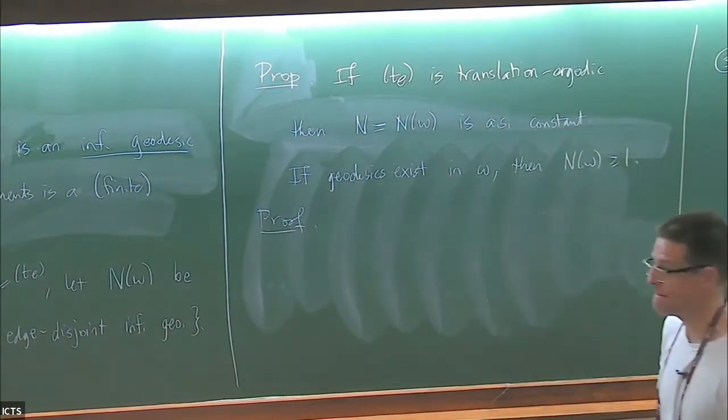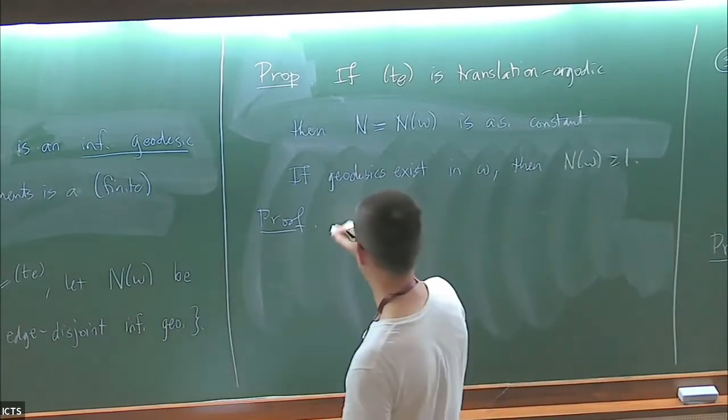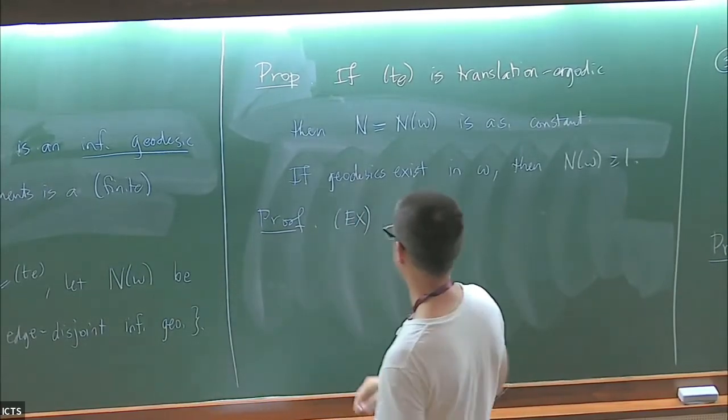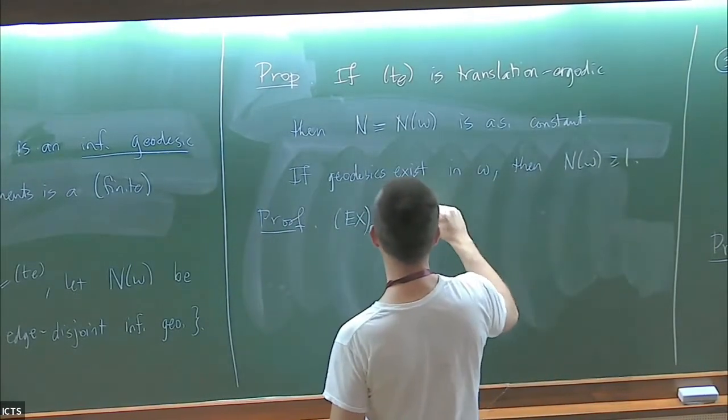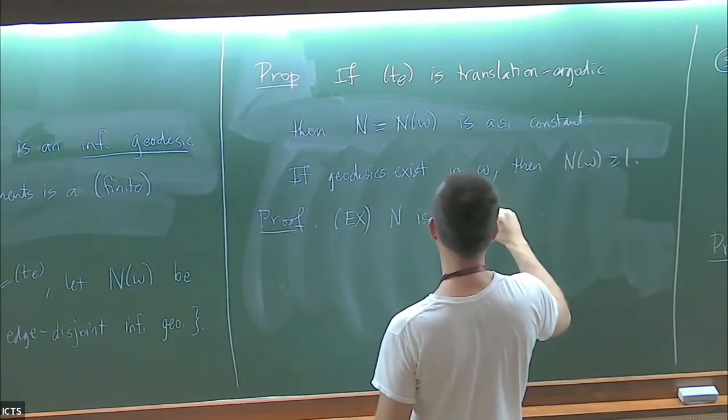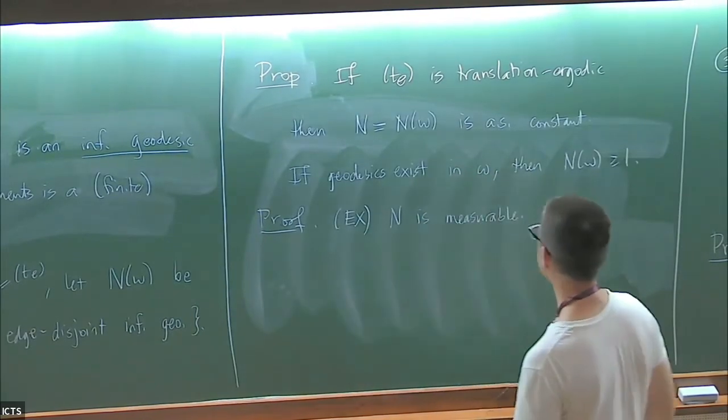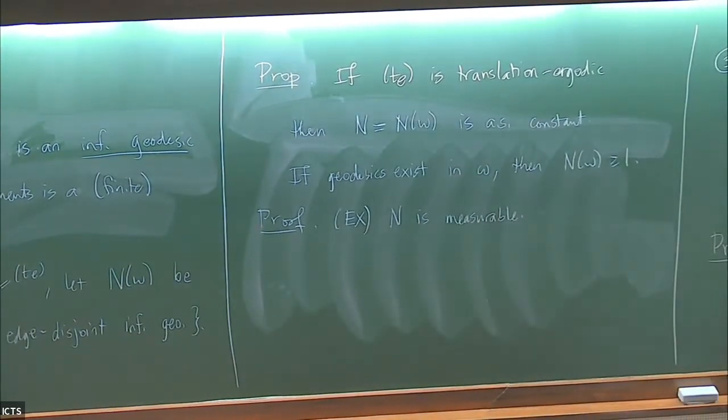Okay, first of all, this variable n, this would be a check or exercise, that n is measurable. Also observe that if I take any passage time configuration, I find the maximum number of infinite geodesics, then I shift that passage time configuration, all the geodesics just shift, right?